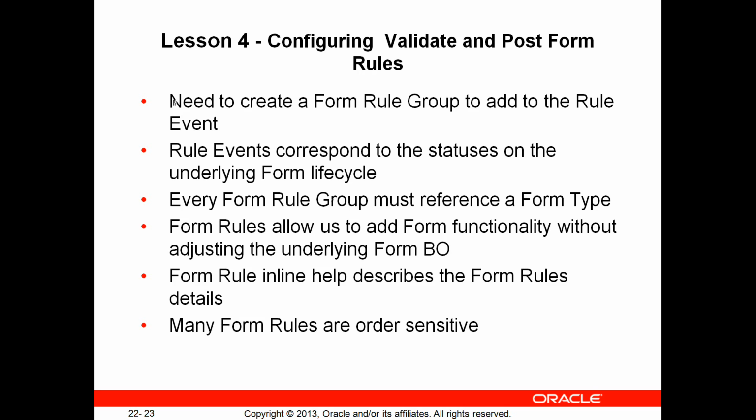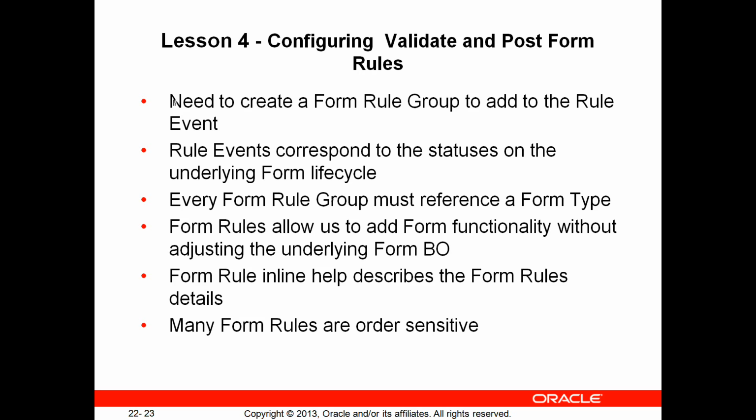The whole purpose of having form rules is such that we do not have to go to the underlying form BO and make BO plugin algorithms. Rather, we can create all our functionality for the form on the form type level.